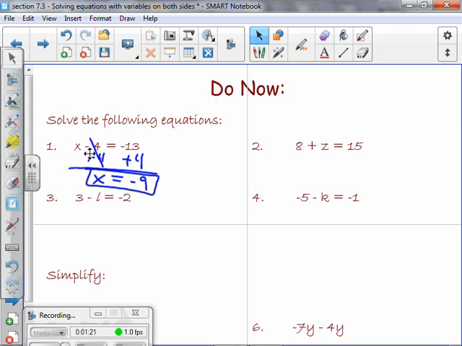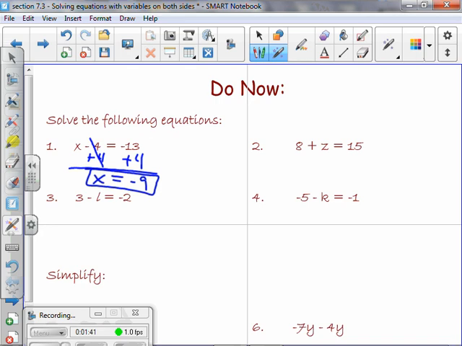All right. Number two, we have 8 plus z. What we have right now is this z here with an 8 added to it. Normally we would write z plus 8, that's how we've seen it a lot, but there's nothing wrong with saying 8 plus z, it means the same thing.